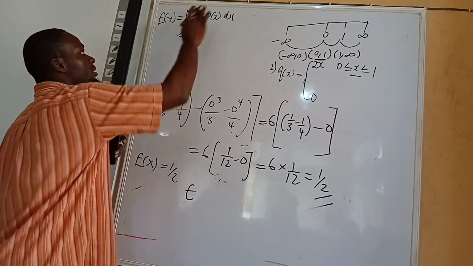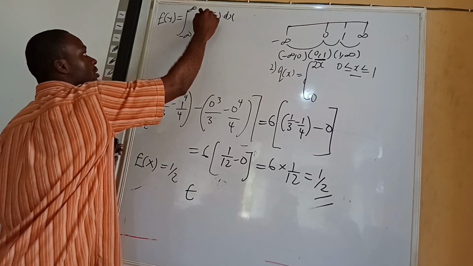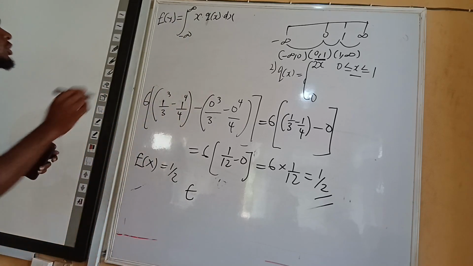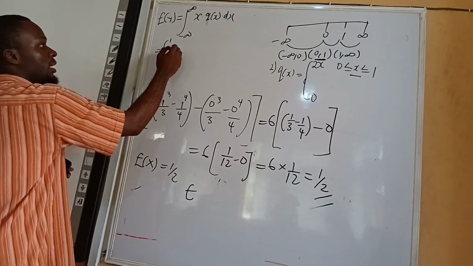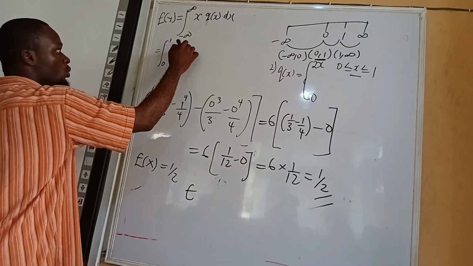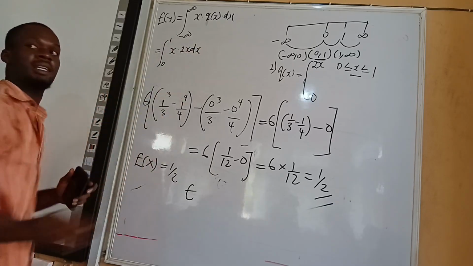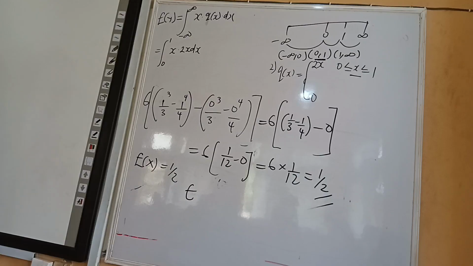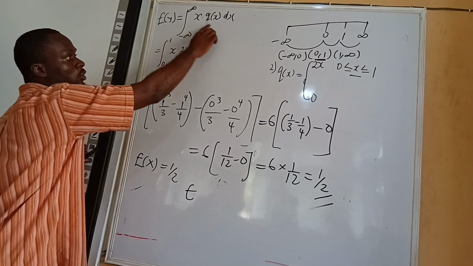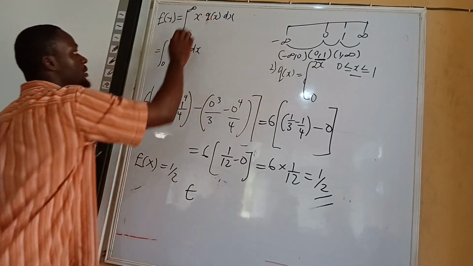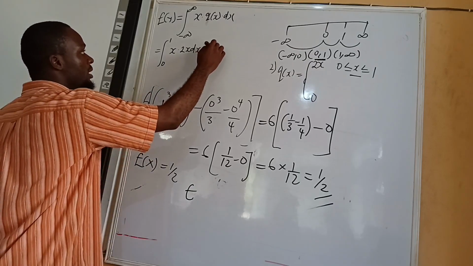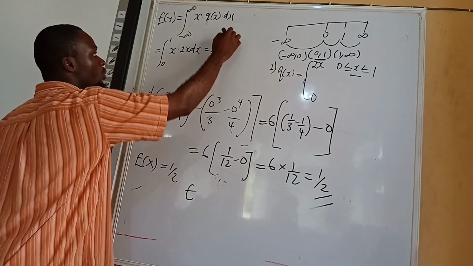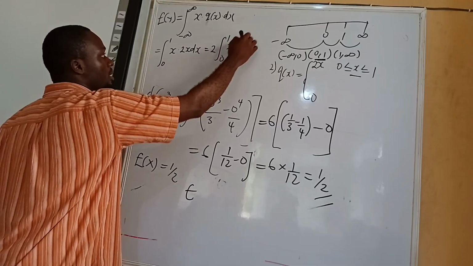This will be Q of x. So we now integrate from 0 to 1, x times 2x dx. I'm multiplying x by the function, which is 2x multiplied by x. Then you bring 2 outside. You now integrate from 0 to 1 x squared dx.